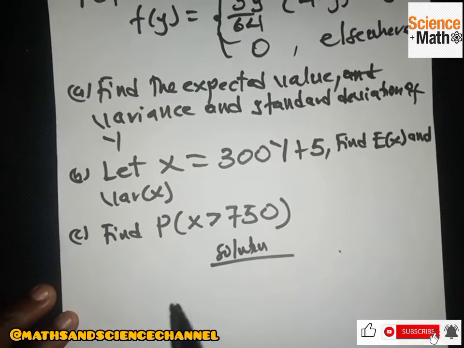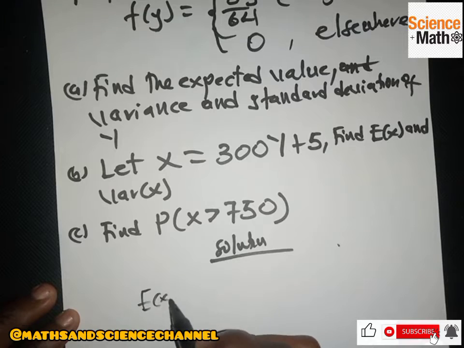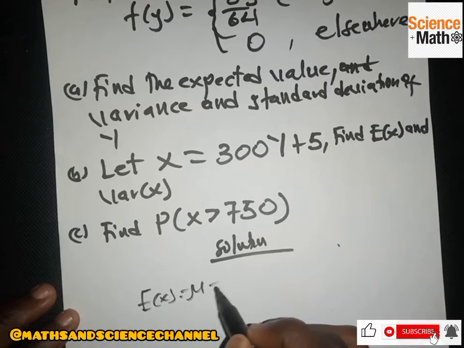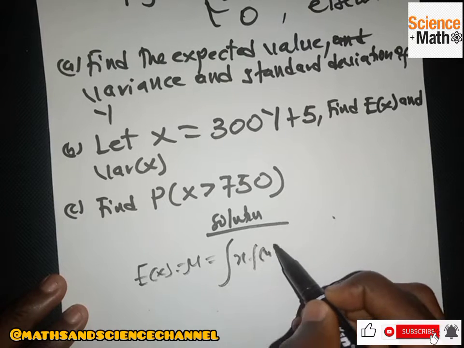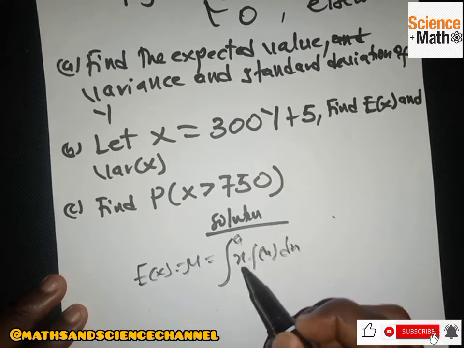Alright, so the expectancy here, which is mu in this case, is equal to the integral of x multiplied by f of x dx from a to b.